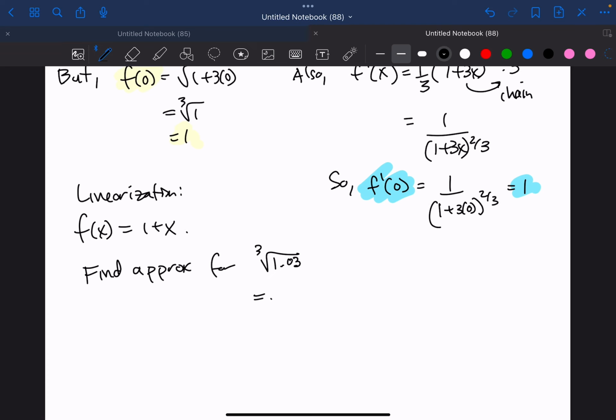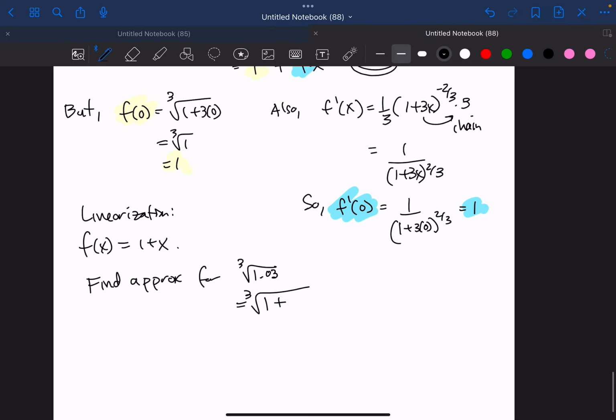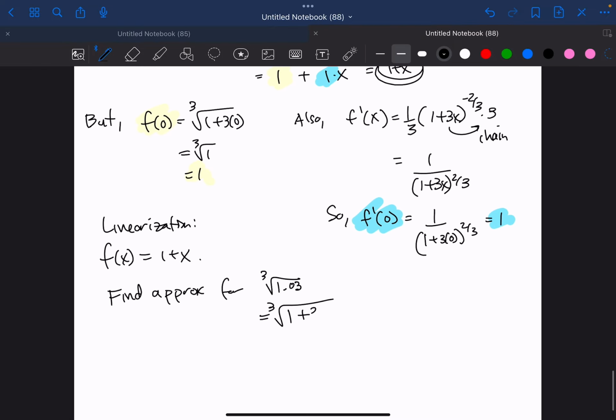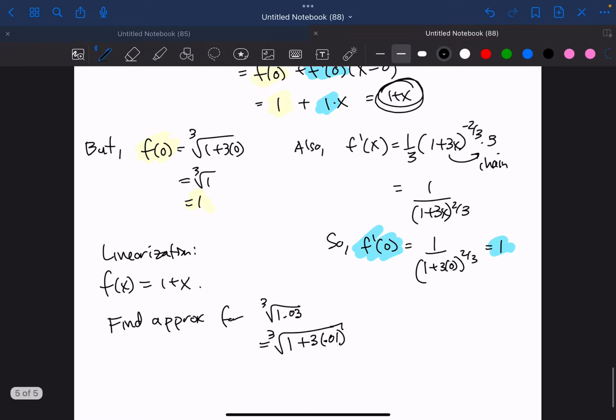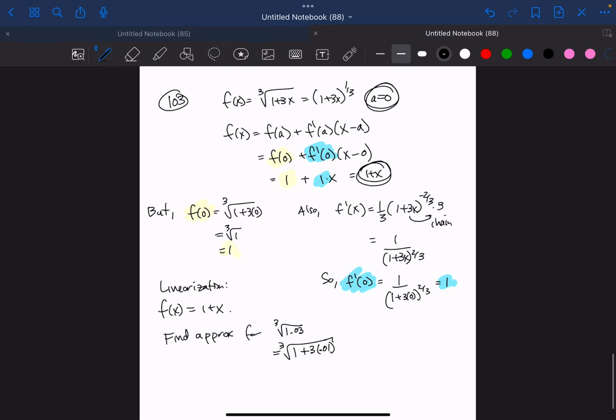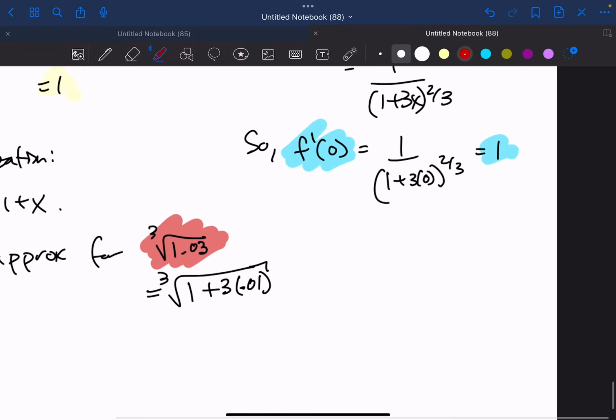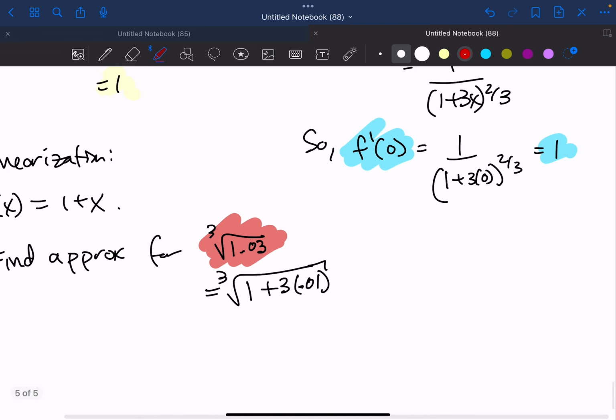That's exactly equal to the cube root of 1 plus 3 times 0.01. Do you see how now we have rewritten what we want, the cube root of 1.03, as 1 plus 3 times something?